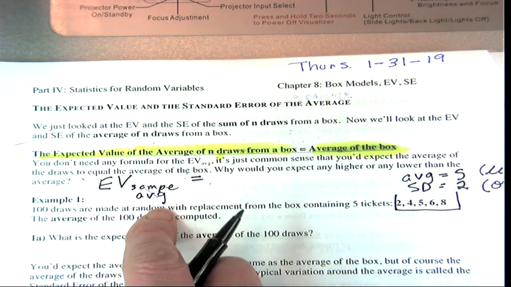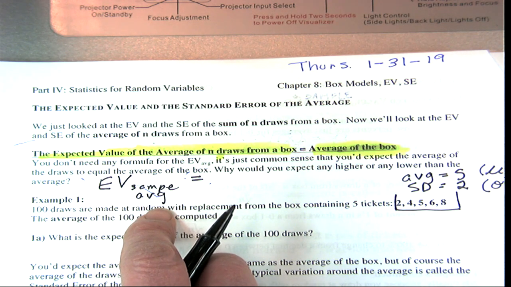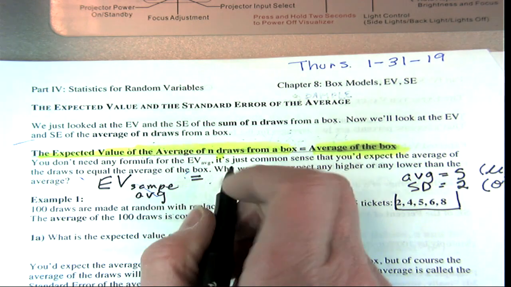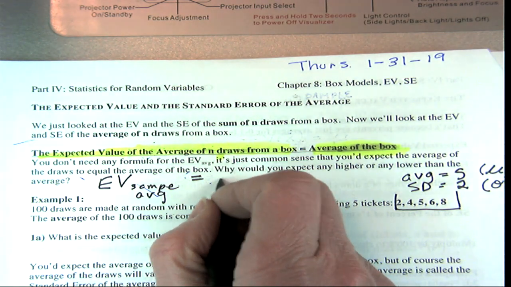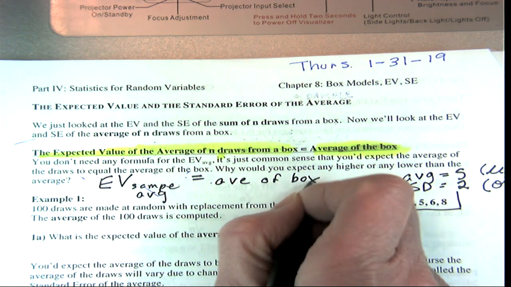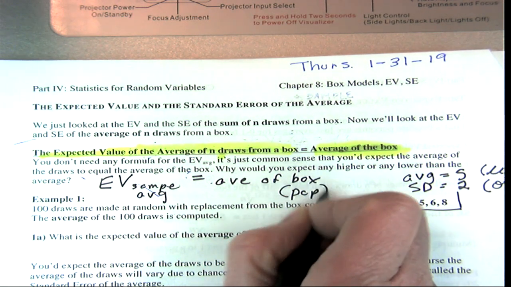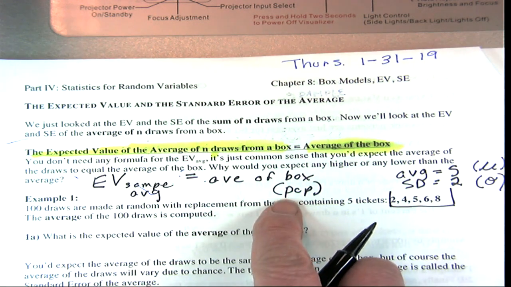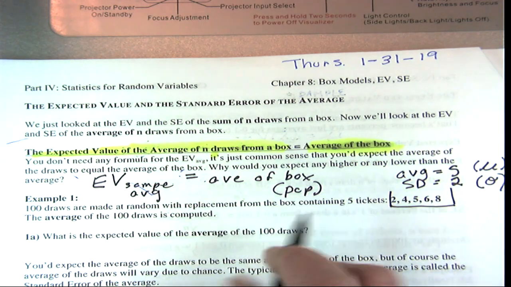It's going to change each time. It's going to be somewhat different depending on the luck of the draw, but we would expect it, on average, to be just the average of the box, which is the same as the population, as we'll call it later, when we take a random sample from a larger population.